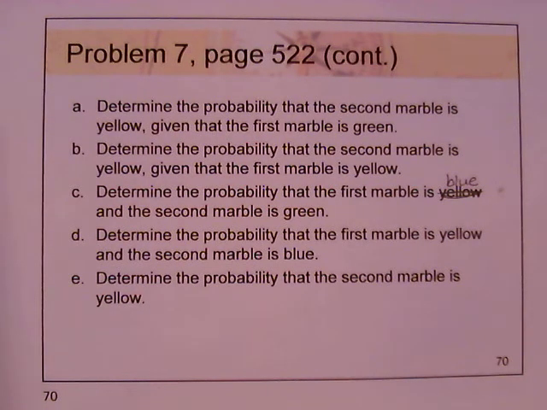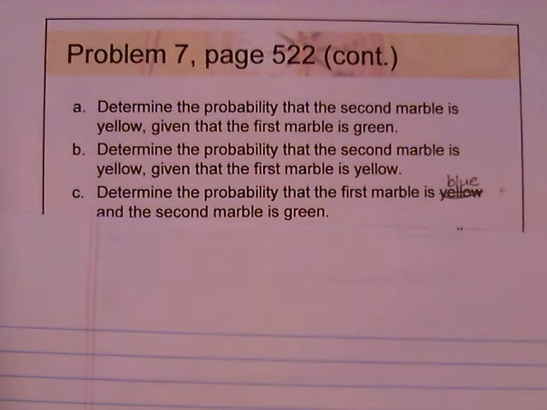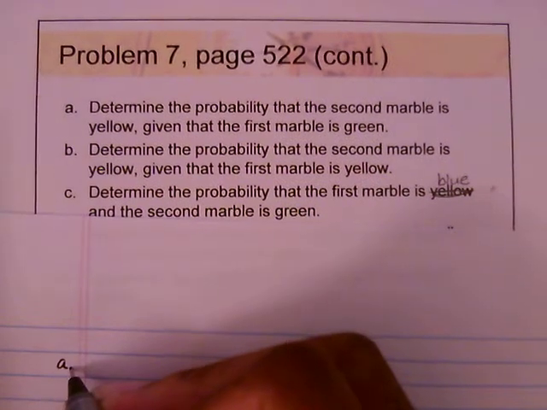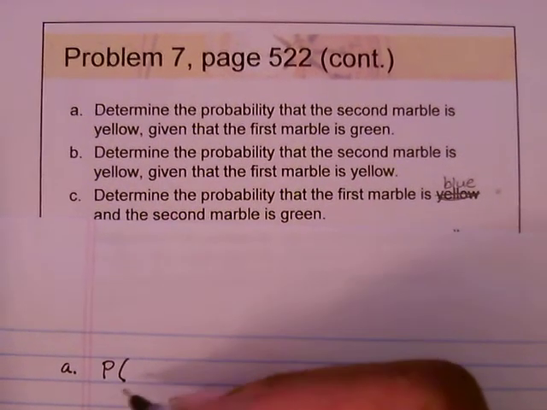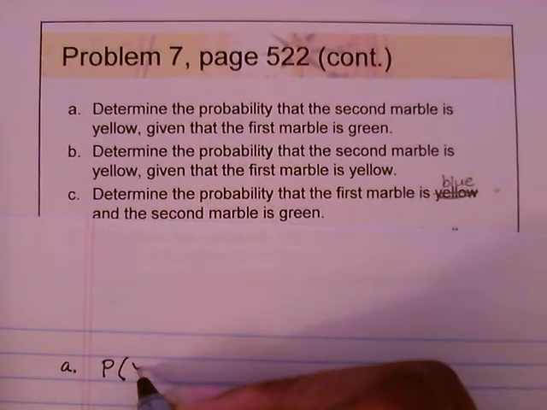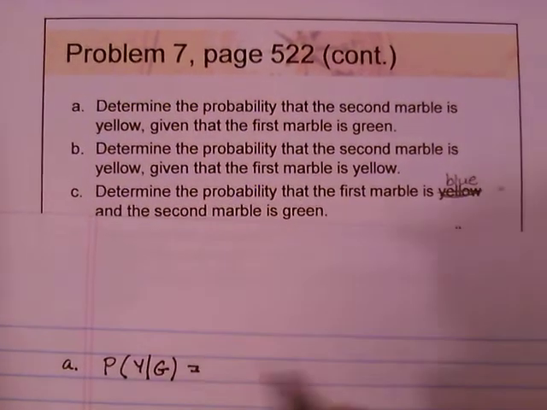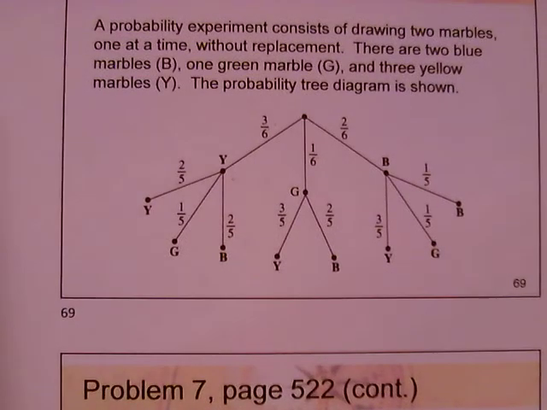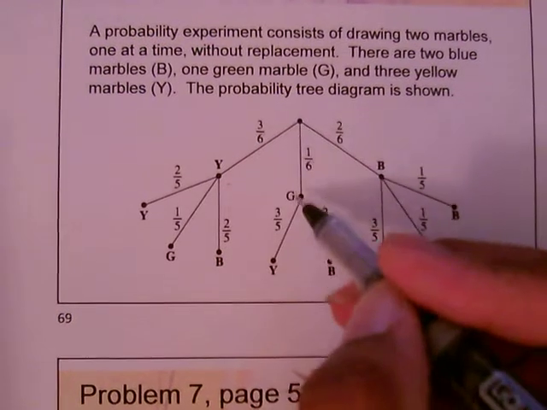Okay. We're starting with part A. That's the probability that the second marble is yellow, given the first marble is green. Well, let me go back up to here. We know we're given that the first marble has to be green. That's this right here.